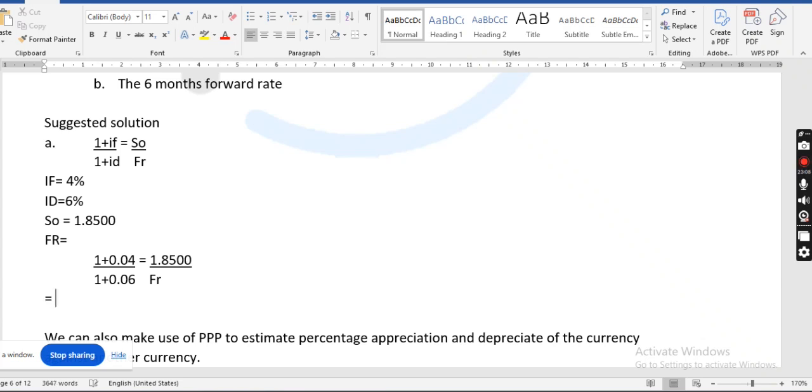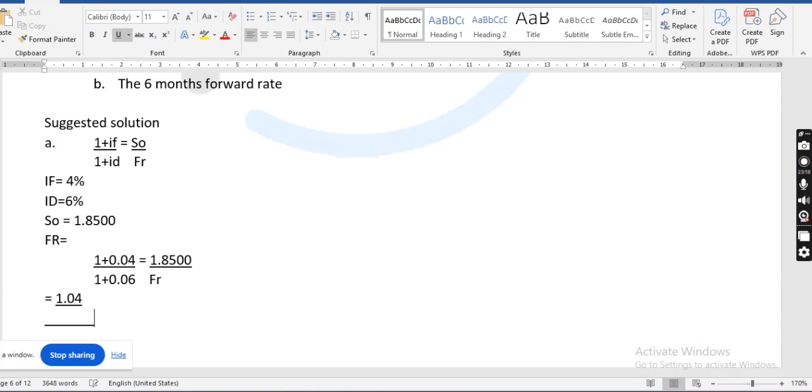So we can say 1.04 divided by 1.06 is equal to 1.8500 divided by FR.